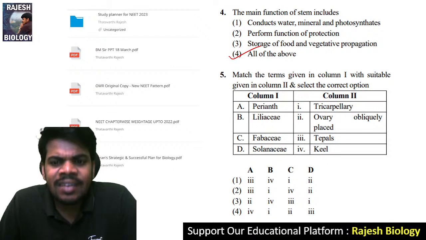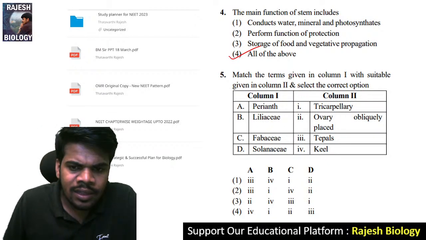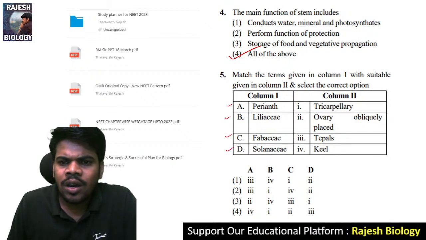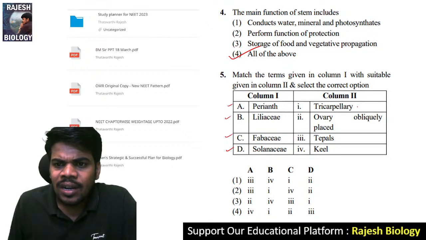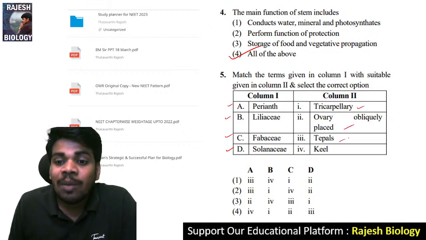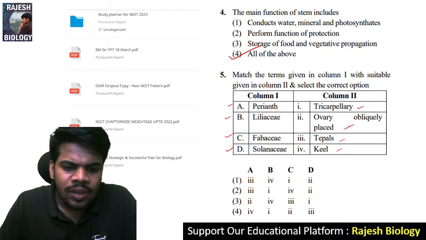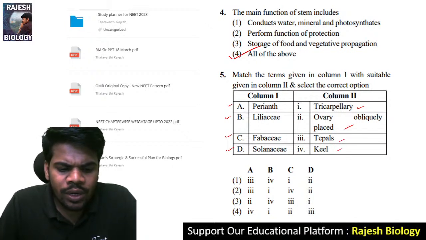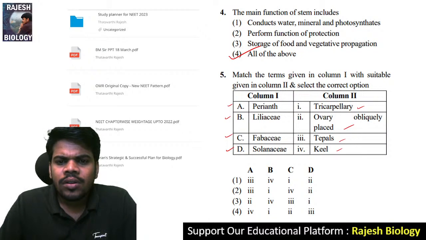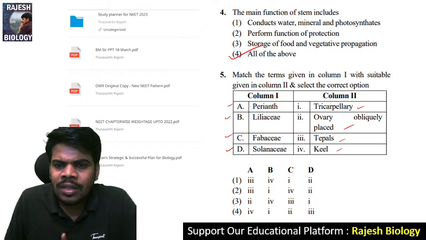Perianth, Liliaceae, Fabaceae, Solanaceae. These are present here. On the other side: tricarpellary, ovary obliquely placed, tepals, keel. Okay, it is the matching question. Perianth is tepals. 1, 3.